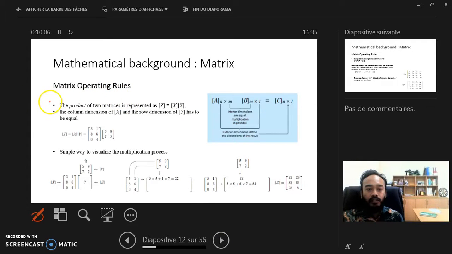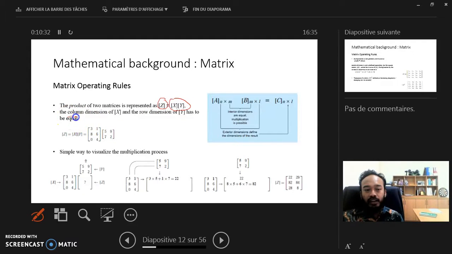Okay, the most famous one, the one that we use most, is multiplication, or the product of 2 matrices. The product of 2 matrices is represented by, let's say we have a new matrix Z, which is the product of X and Y. There is one important rule for 2 matrices X and Y to be multiplied.